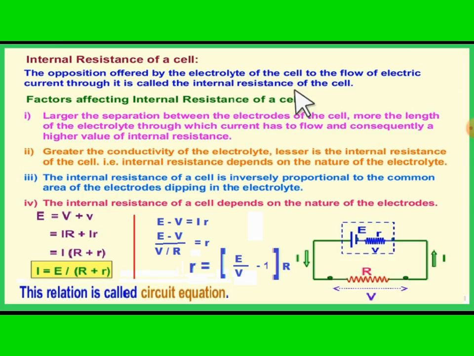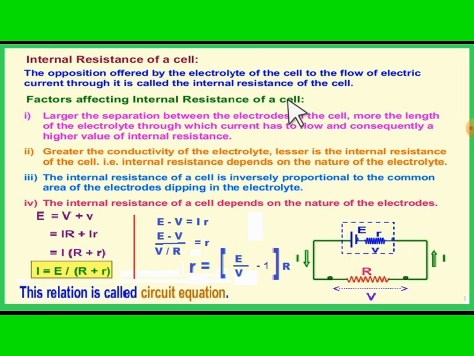Why do we call it resistance? Ions are moving from one electrode to the other electrode inside the cell itself, and they face some opposition. That opposition to the flow of ions from one electrode to the other inside the cell, we call it what?